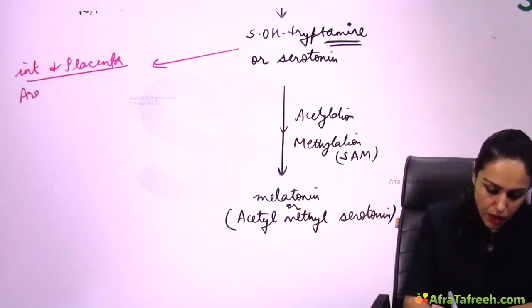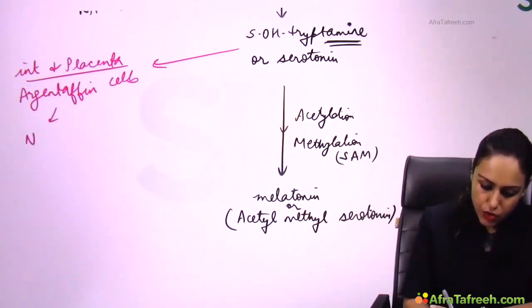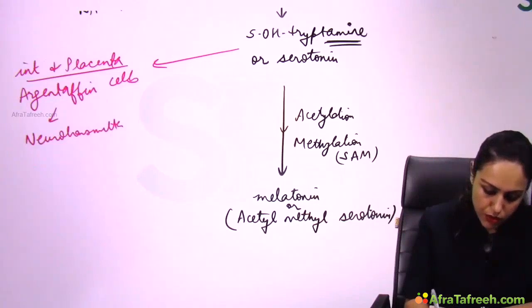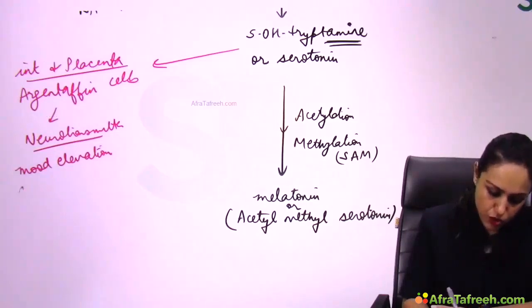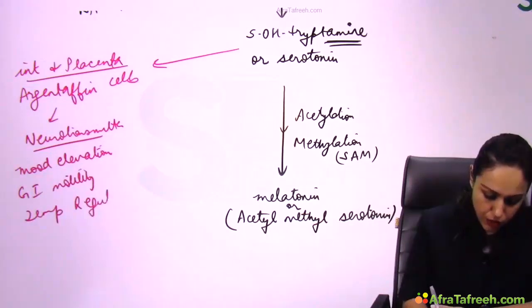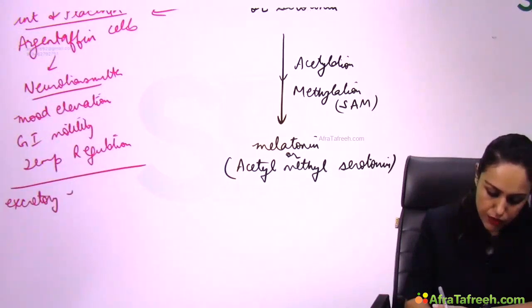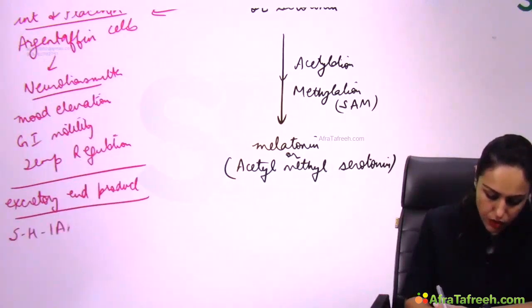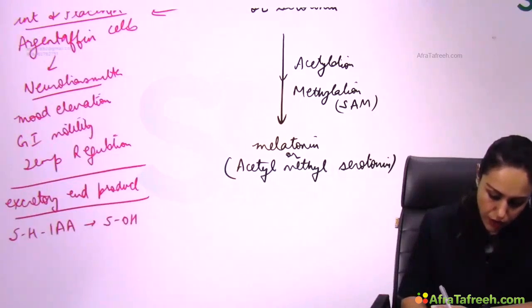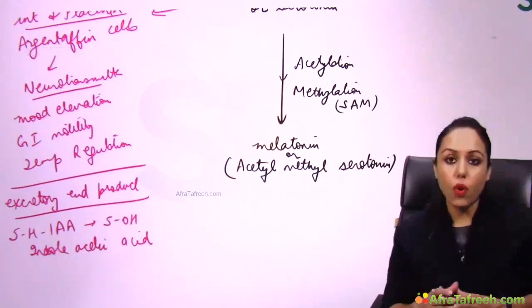It is synthesized in the argentaffin cells, and this serotonin is a neurotransmitter which is responsible for mood elevation, also responsible for GI motility, temperature regulation, and the catabolic or excretory end product of serotonin is 5-hydroxyindole acetic acid. 5-hydroxyindole acetic acid is the excretory end product of serotonin, right?